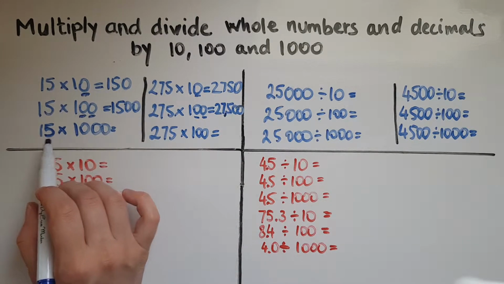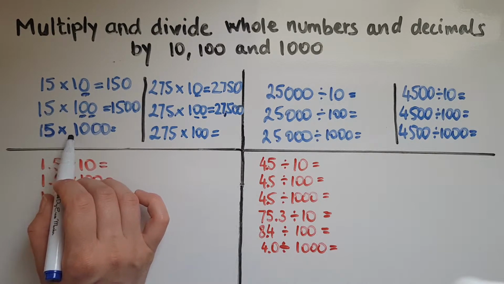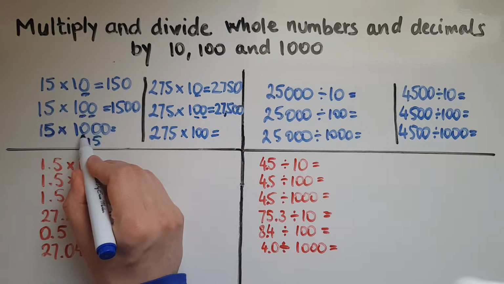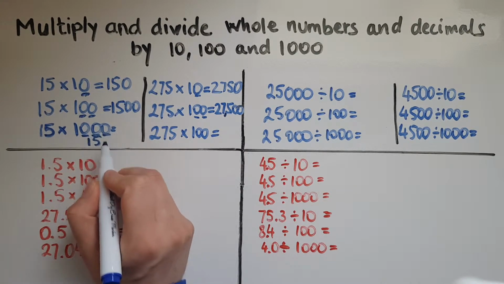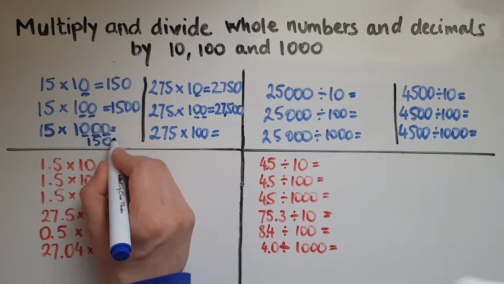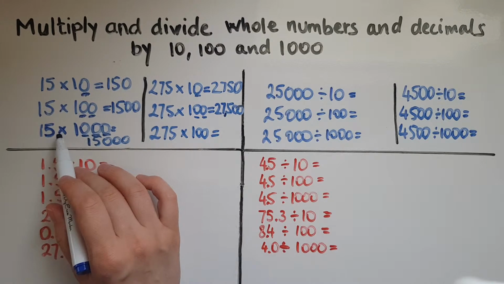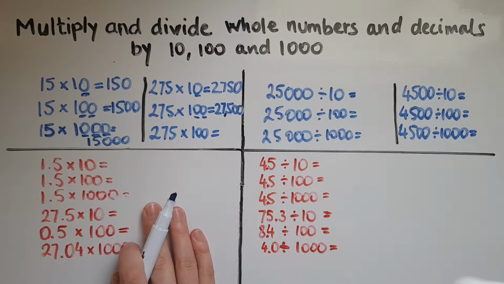Now I'm multiplying 15 by 1,000. So I'll rewrite 15, and there are 1, 2, 3 zeros in 1,000. So that becomes 15,000. And indeed, 15 lots of 1,000 gives you 15,000.